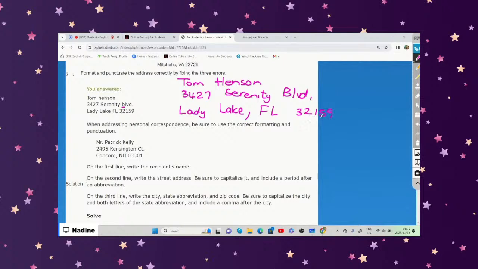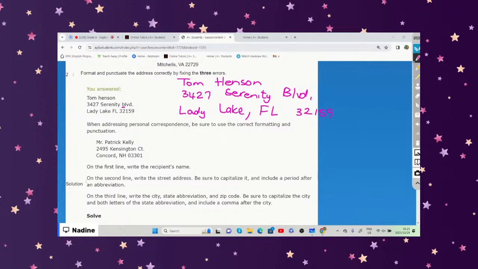Guys, remember that you need to follow the format as well as the punctuation that you add in order to show the address.